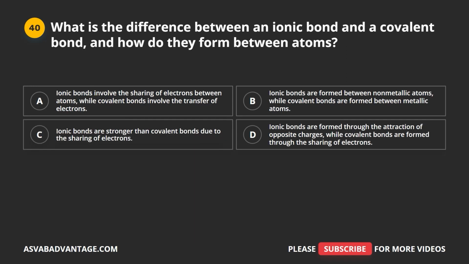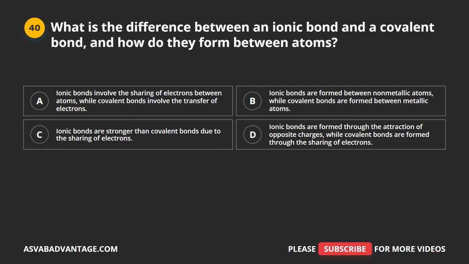Question 40. What is the difference between an ionic bond and a covalent bond, and how do they form between atoms? A. Ionic bonds involve the sharing of electrons between atoms, while covalent bonds involve the transfer of electrons. B. Ionic bonds are formed between nonmetallic atoms, while covalent bonds are formed between metallic atoms.